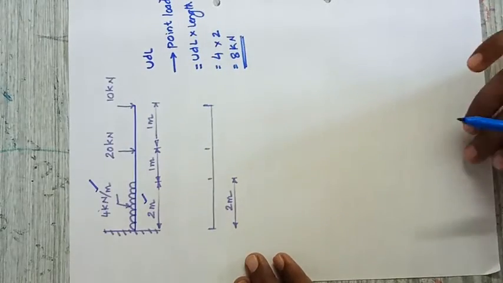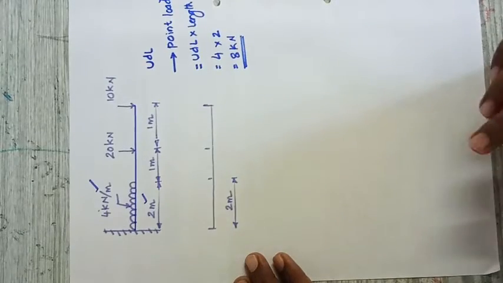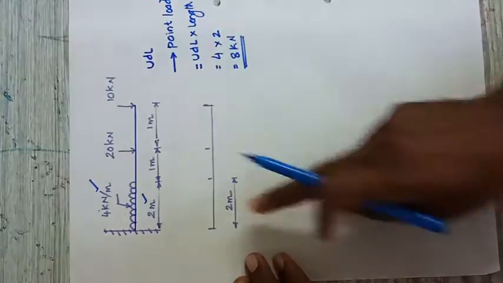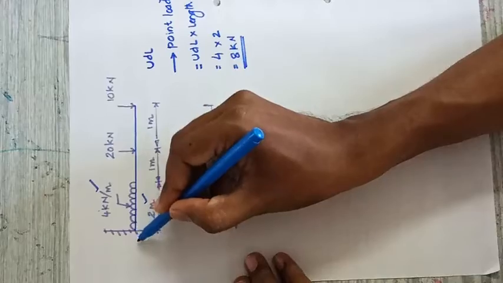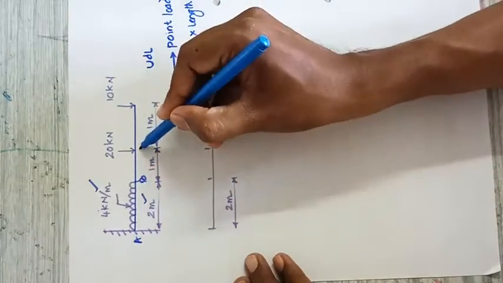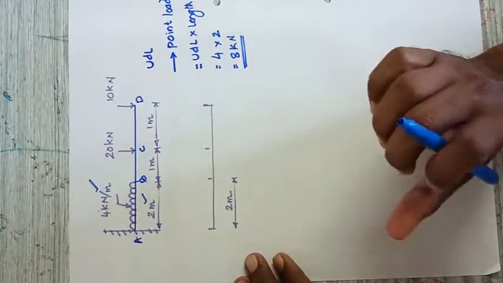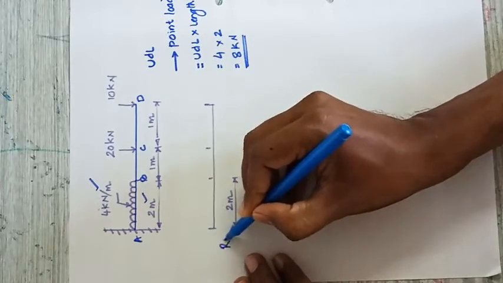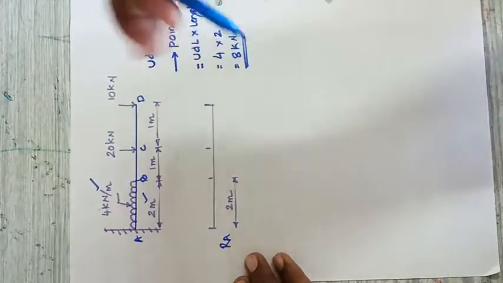Okay, and the next is where this point load is acting. I have drawn the same thing over here, and I will take these points as A, B, C and D. It is fixed at point A, so I will write here the reaction at point A. All the forces are acting downward.